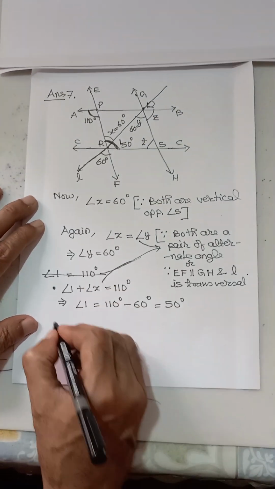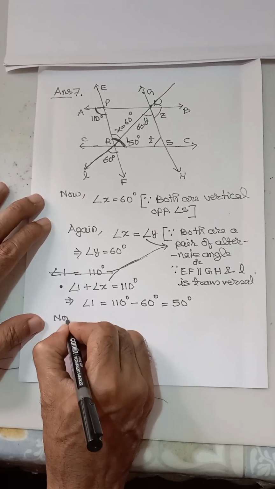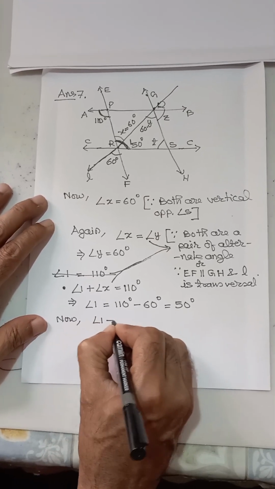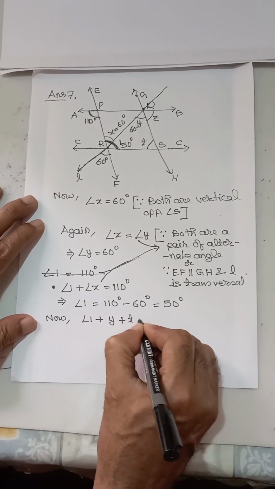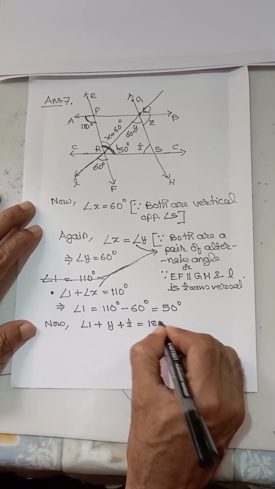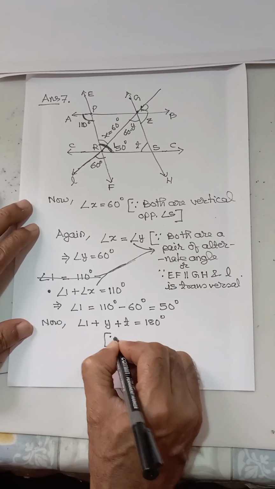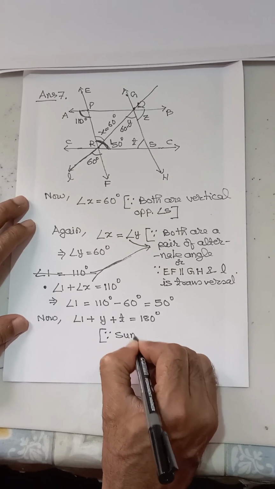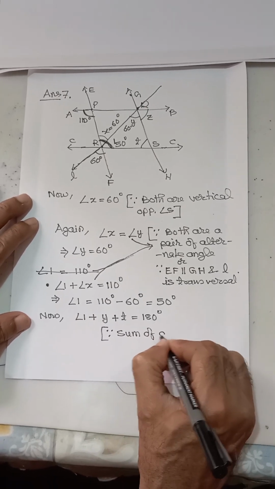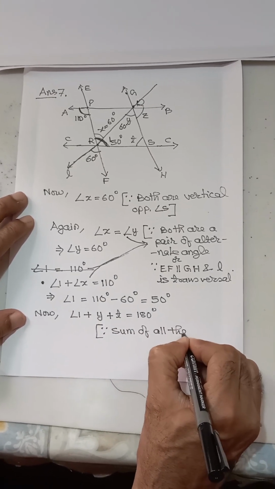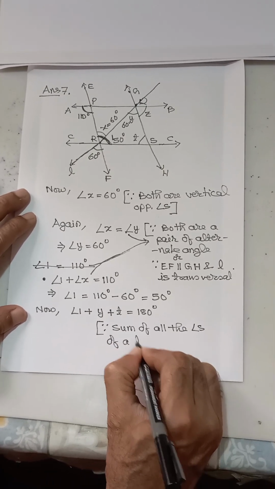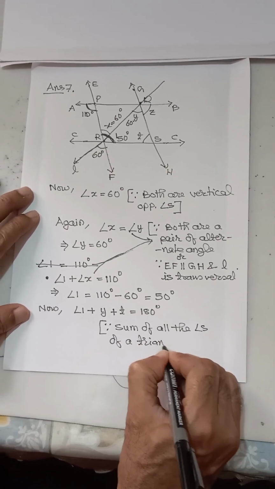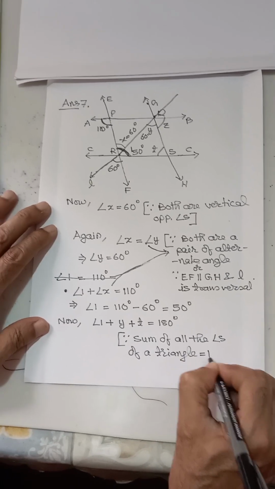Now angle 1 plus y plus t is equal to 180 degree, because the reason is the sum of all the angles of a triangle is equal to 180 degree.